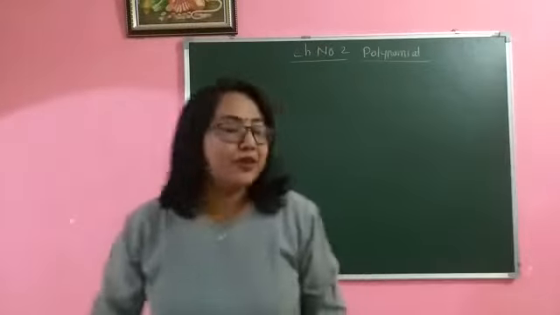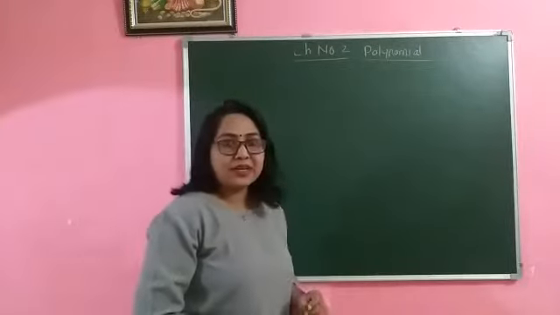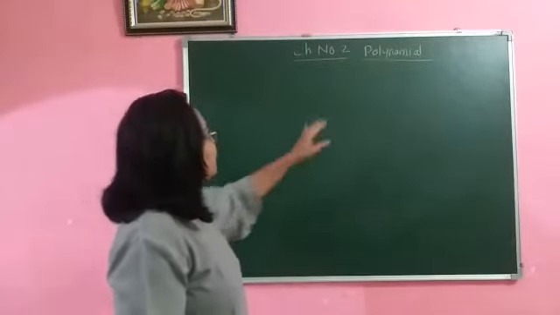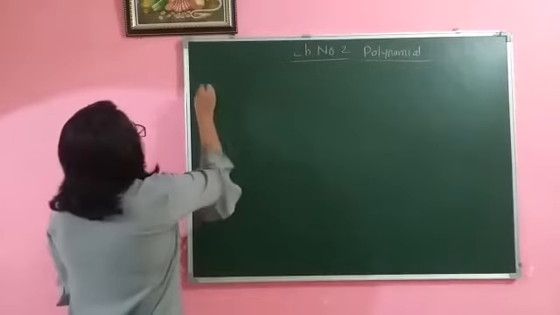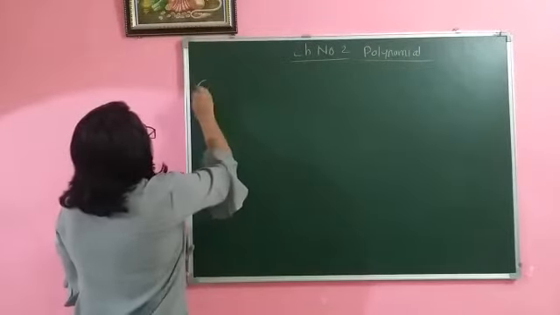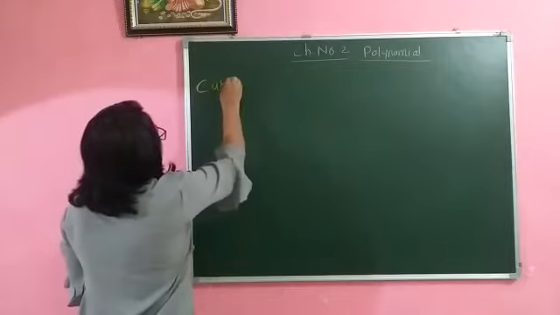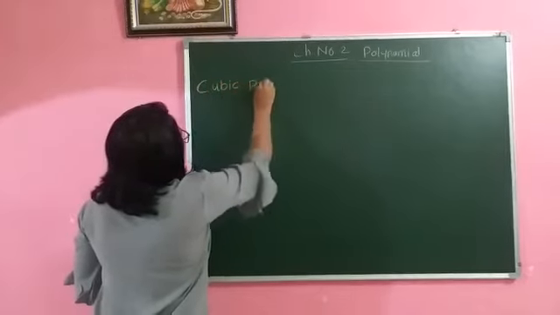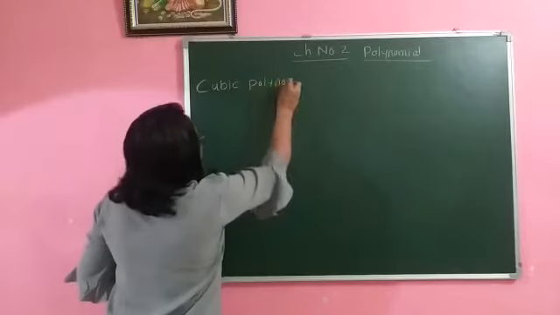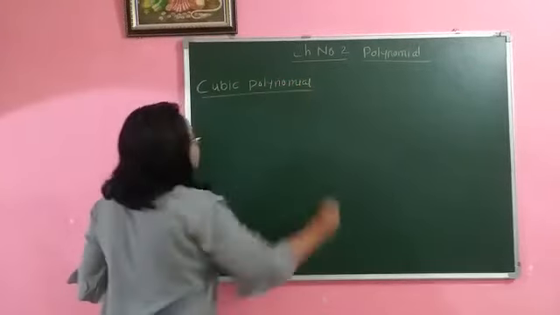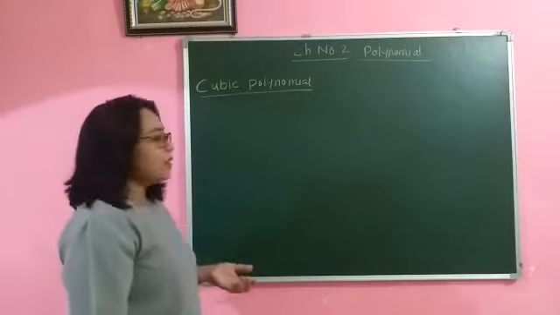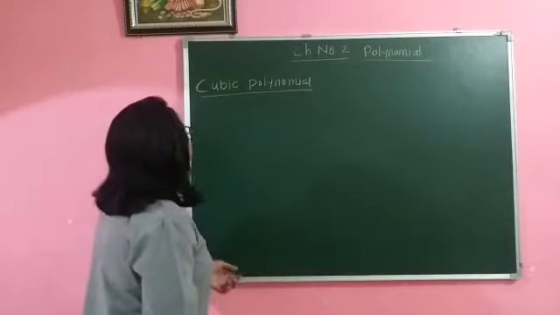Hello everyone. Today we are going to see the next type of polynomial, that is cubic polynomial. Again, first of all, I am writing the standard form of cubic polynomial.